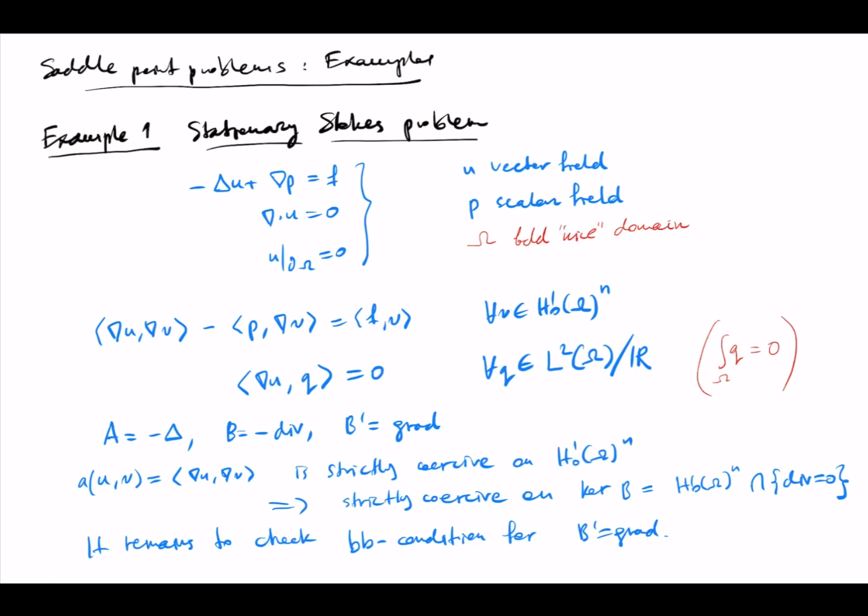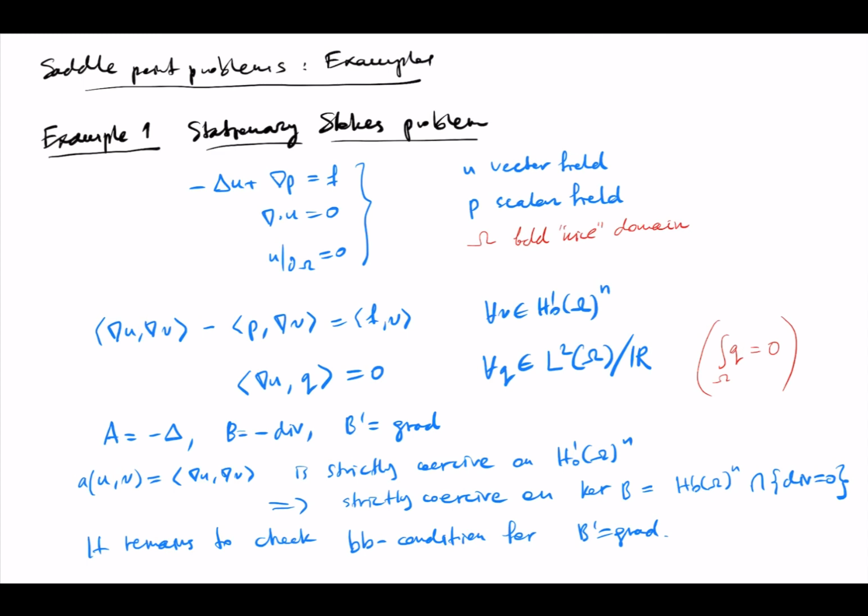Remember, this B prime is acting on p, and when you integrate by parts, this divergence will go to the other side to become gradient, and this minus sign will become plus.